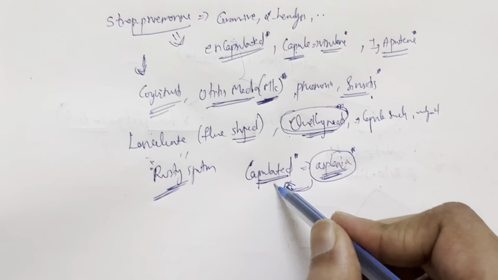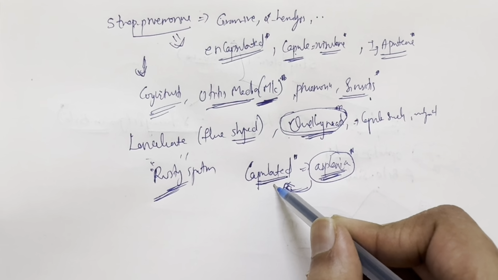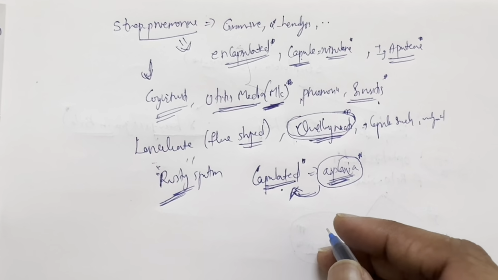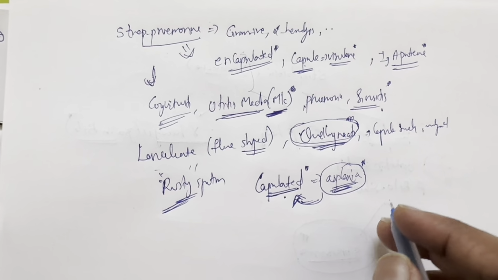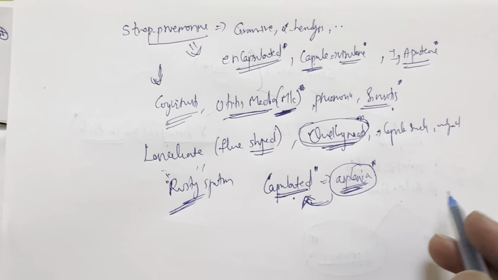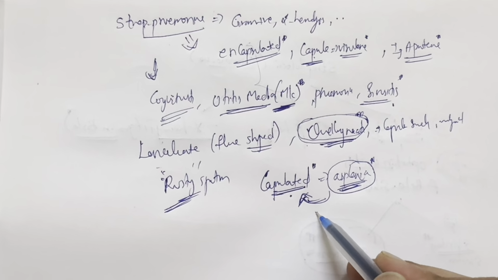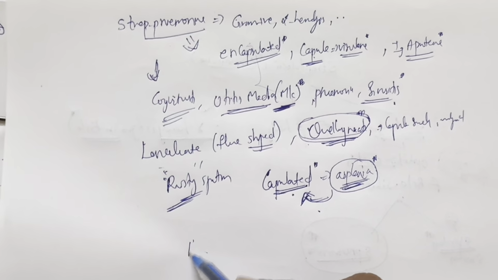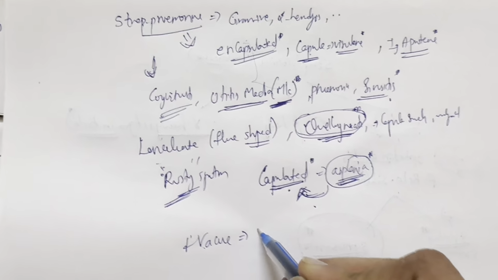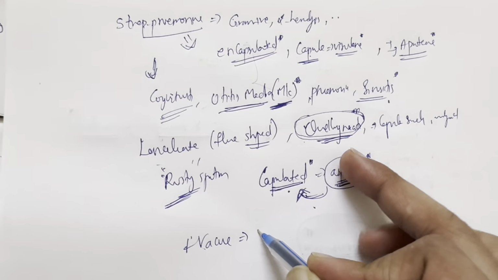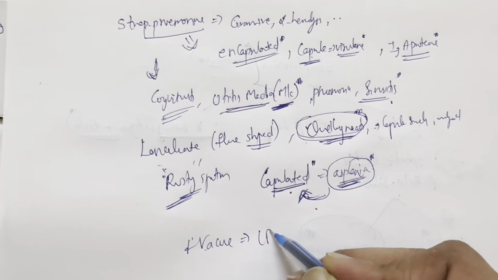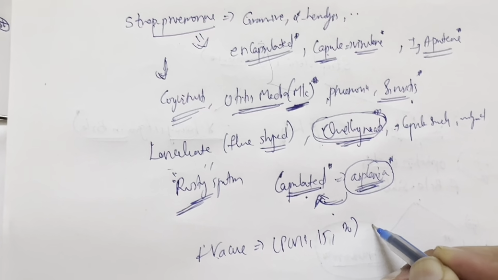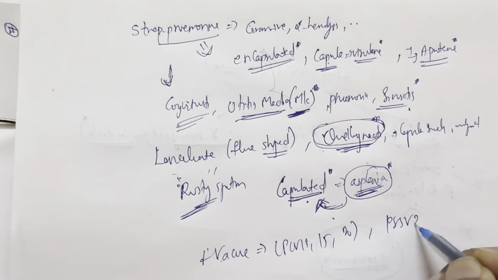So one of the capsulated organisms we are discussing now is Streptococcus pneumonia. There is also another organism we will discuss further, which is Haemophilus influenzae. That's also capsulated, and asplenia patients can be infected with these bacteria. So it's very important for us to remember these things. And then there's a vaccine for some strains of Streptococcus pneumonia, which are PCV 13, 15, and 20, and the polysaccharide vaccine PPSV 23.